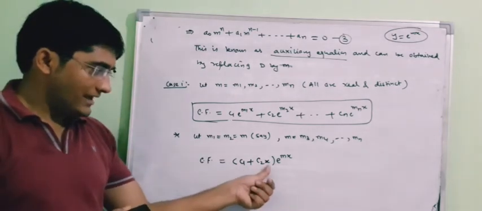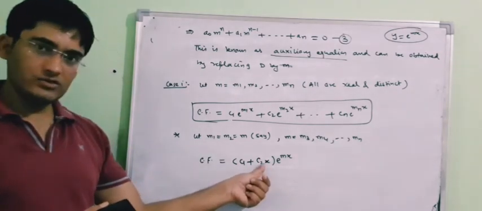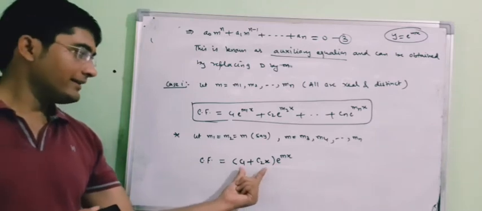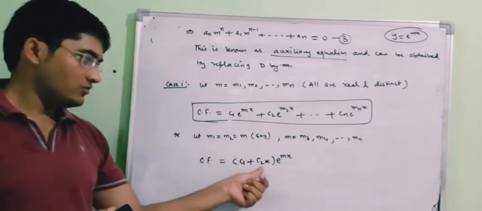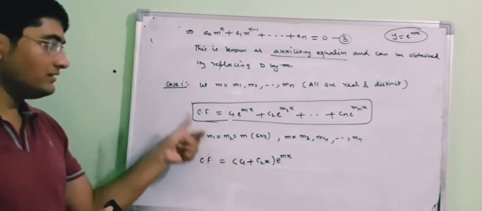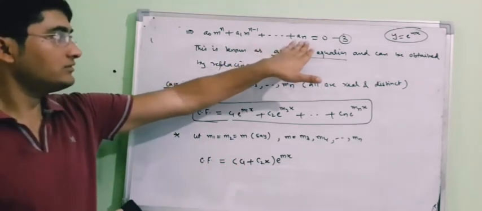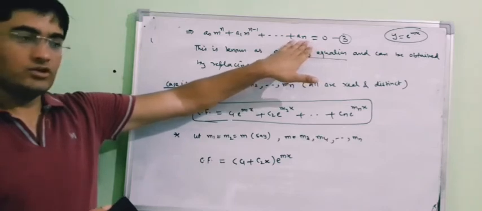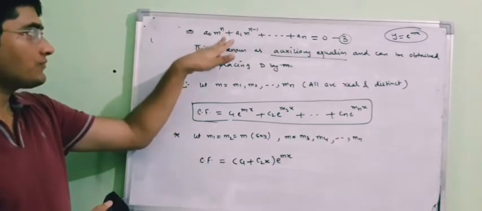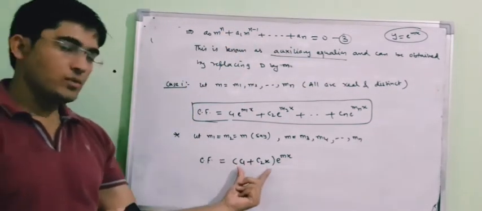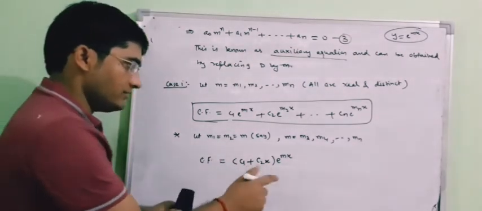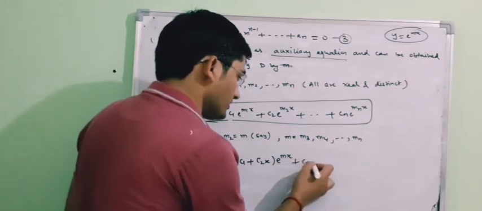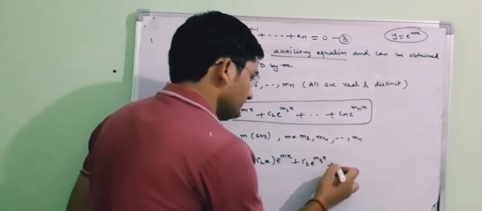If you do not write x here, then this becomes c1 plus c2, a new single constant, and that means we would have one constant less than the degree of the auxiliary equation. So we would have n minus 1 constants, and that is wrong. So here we will write x, and as all the other roots are distinct, our answer will be this one.